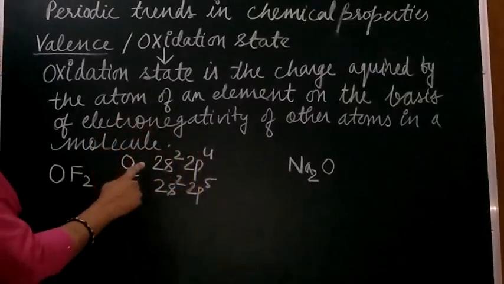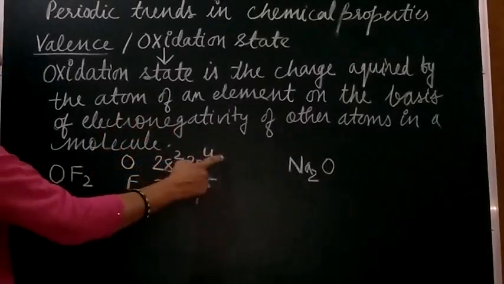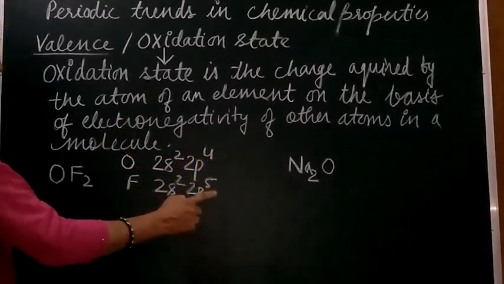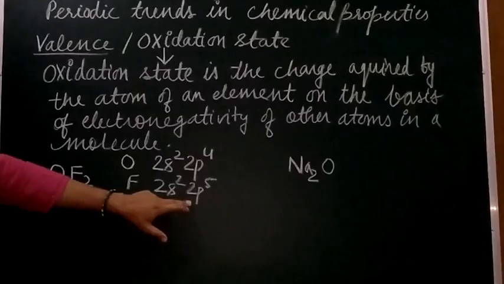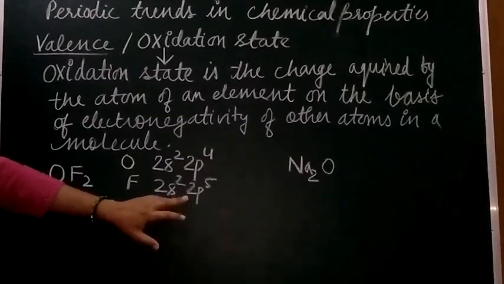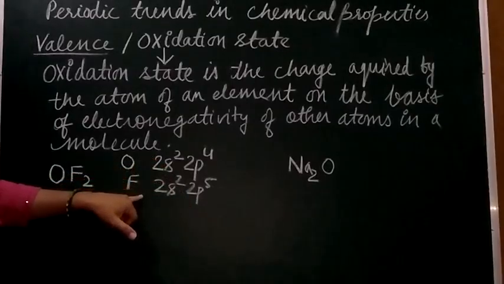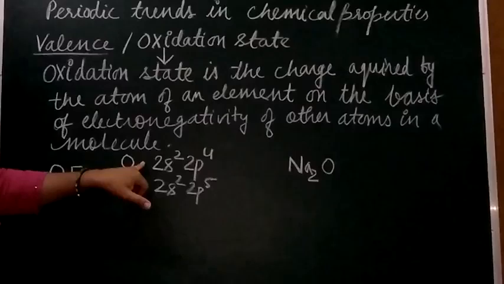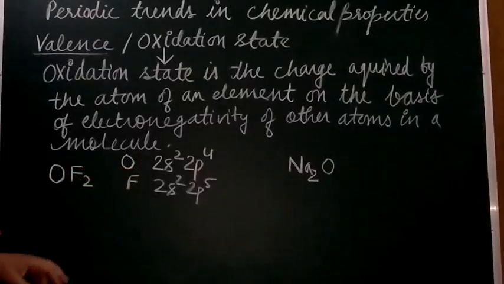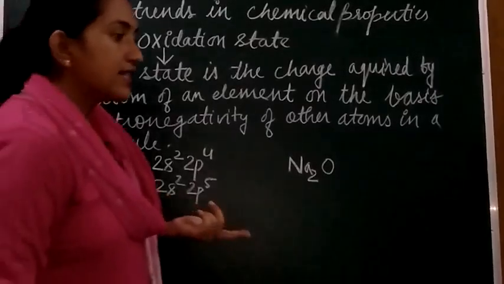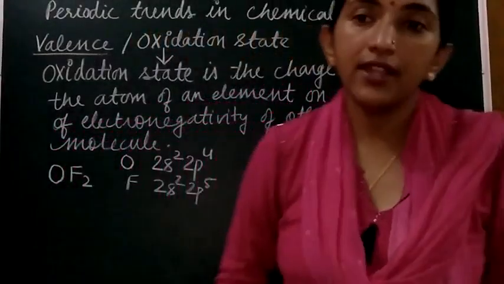So one of the oxygen atom is sharing one electron with this fluorine atom, right? For one oxygen atom, how many do we need? It has 6, so we need 2 more.